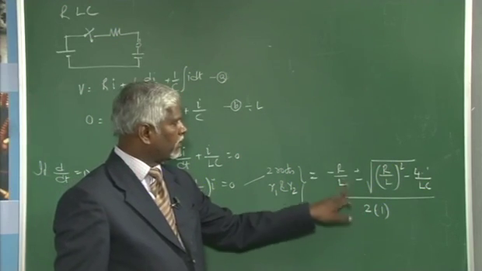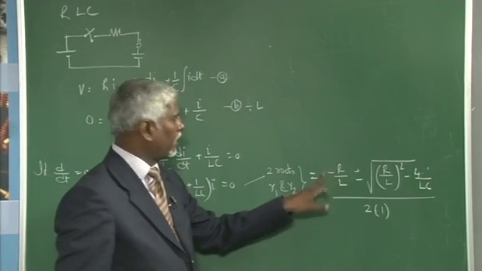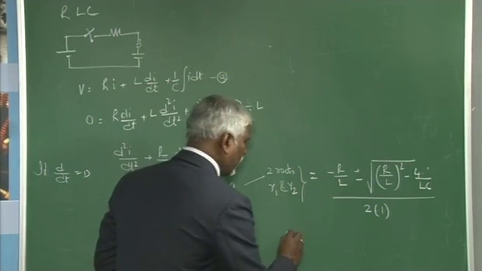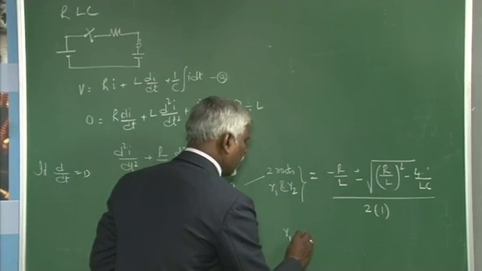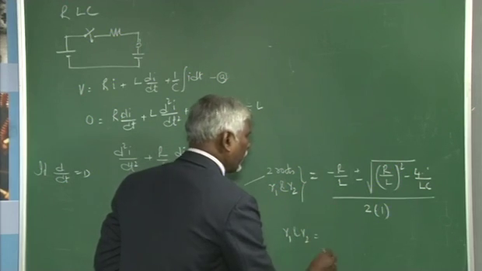If I absorb this 2, it will be minus R by 2L.